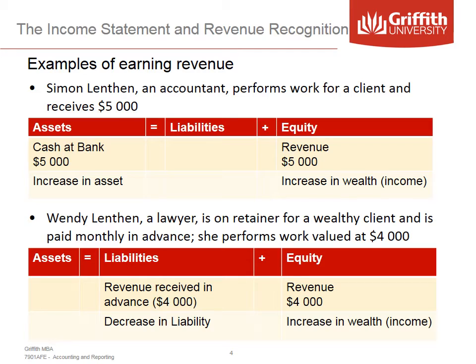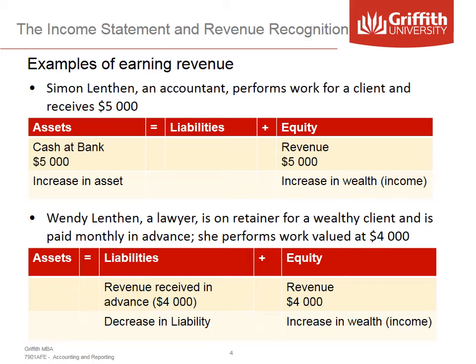Now let's compare that simple example with the next one, Wendy Lengthen, who is a lawyer. Wendy's business is different. She's on a retainer for this wealthy client. She's paid this retainer monthly in advance, and she gradually performs whatever work that client wants her to perform in the legal environment over the month.